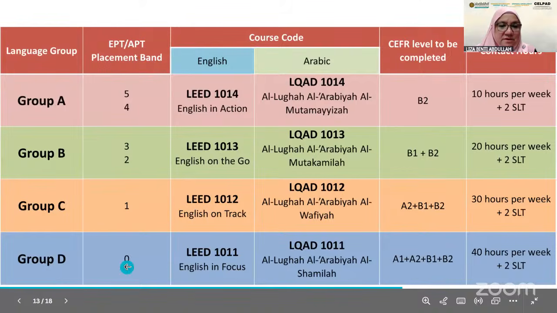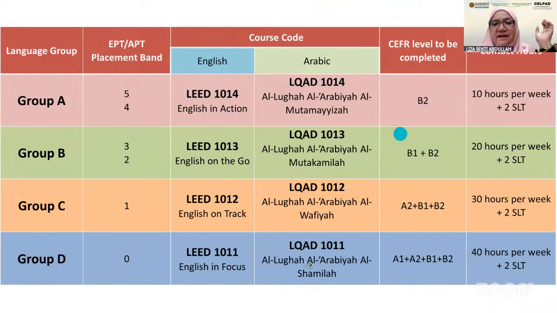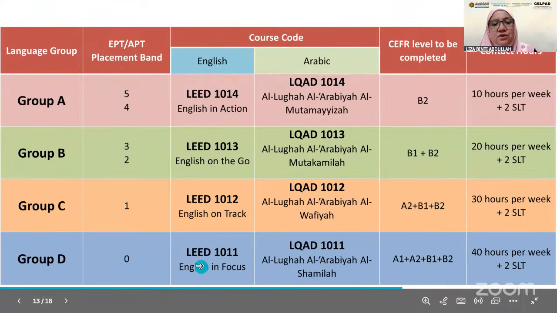You got band 0, you go to LEED 1011. LEED 1011 is 40 hours. You don't really have to look at this. You can ask your teacher what all this is about. These are all the levels in the language teaching. But if you get 0, you are in band 0, you're in this level, and then 40 hours a week.